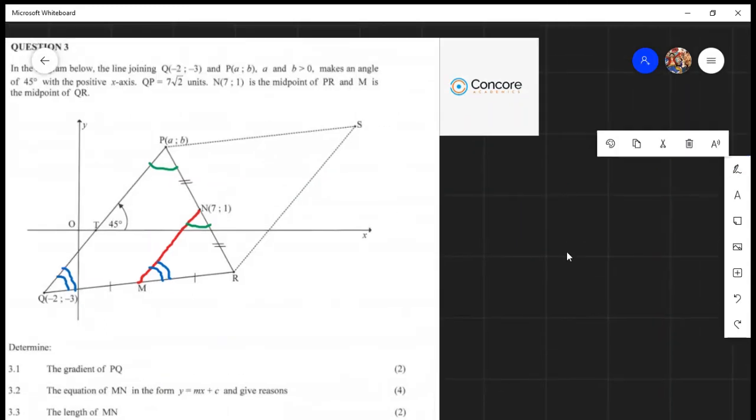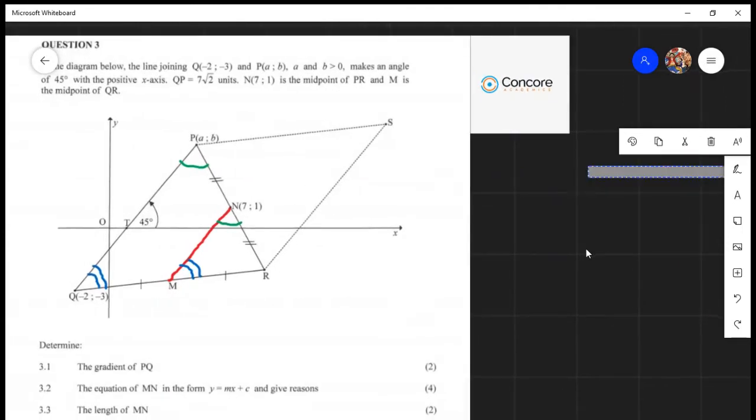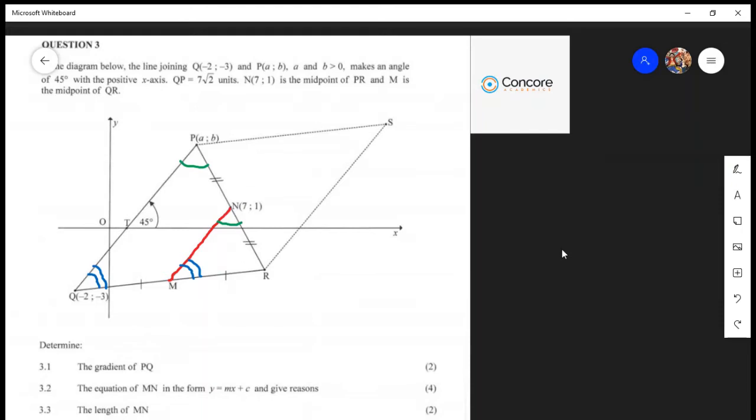Okay, so in order to calculate the length of line MN, what we can do is use our midpoint theorem. So if you remember previously, I said the length of MN is equal to double the length of PQ, and alternatively you can say the length of PQ is half the length of MN.